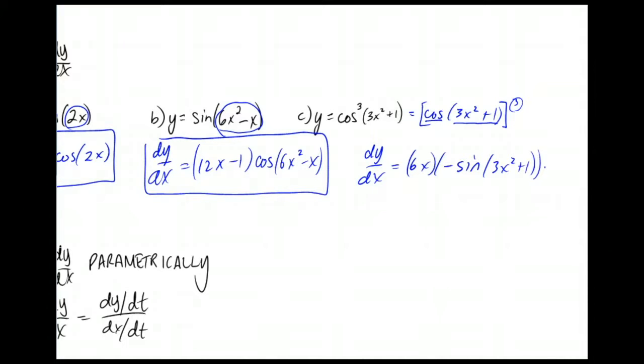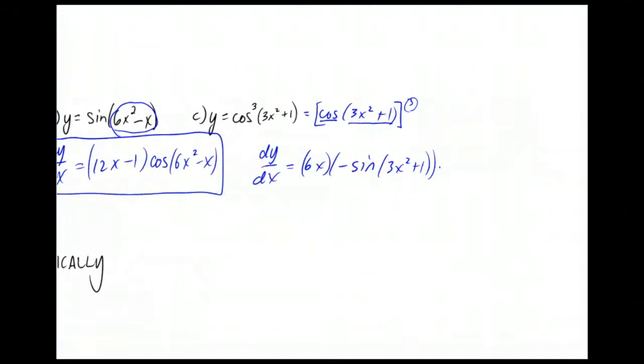And then the outside function, when we have something cubed, its derivative is 3 times that quantity squared. So bringing the 3 down in front, we still have the expression cosine of 3x squared plus 1 inside, and now that's going to be raised to the second power, because using the power rule we decrease the power by 1.